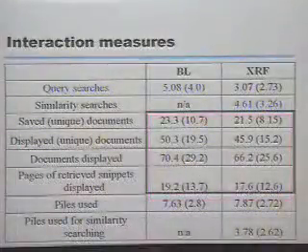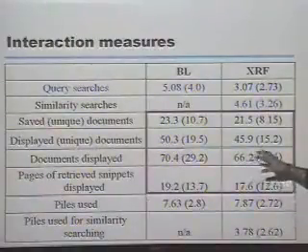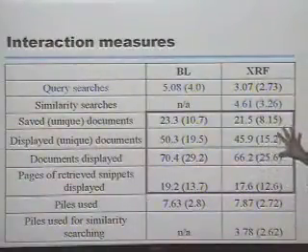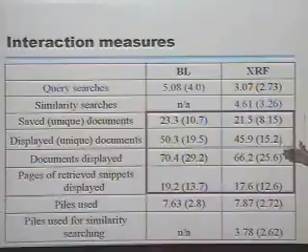In terms of the amount of interaction going on, all of the measures for XRF were slightly lower than for the baseline system. So they saved fewer documents, they displayed fewer documents, and fewer pages of snippets.